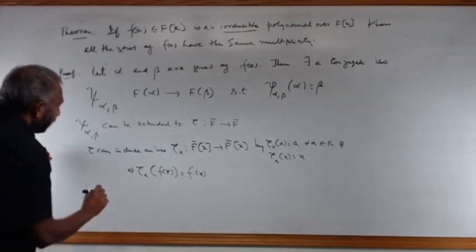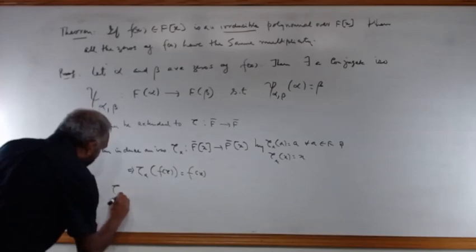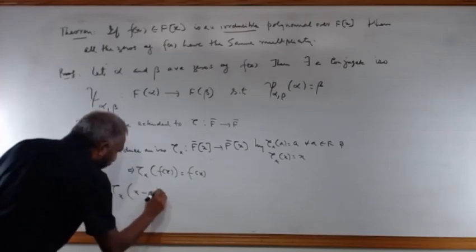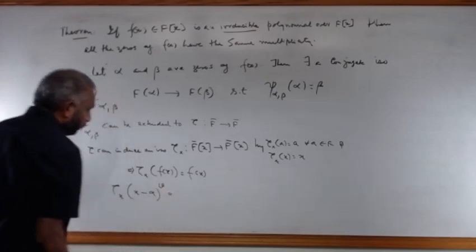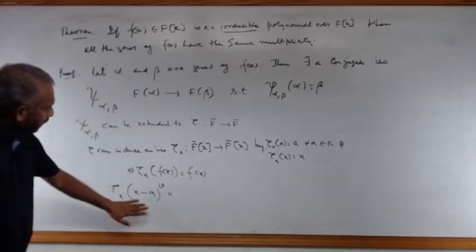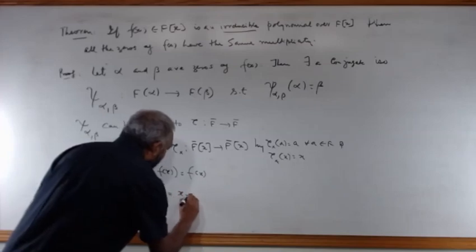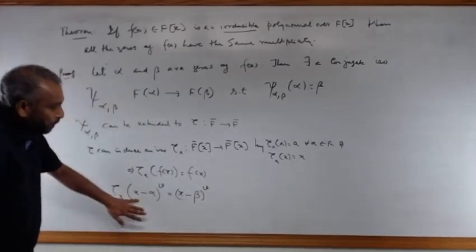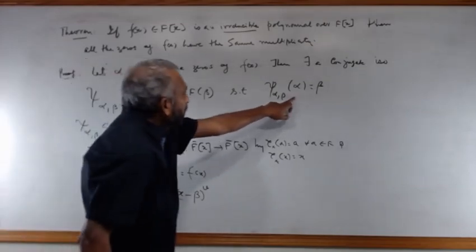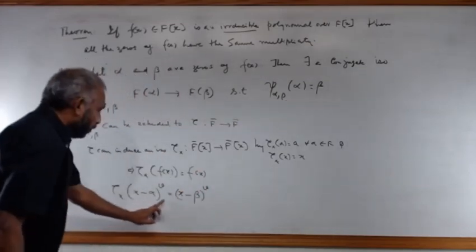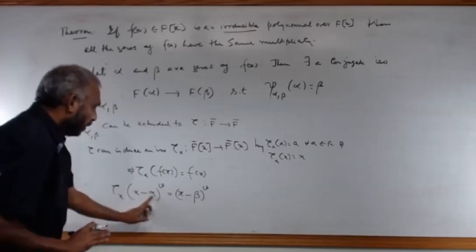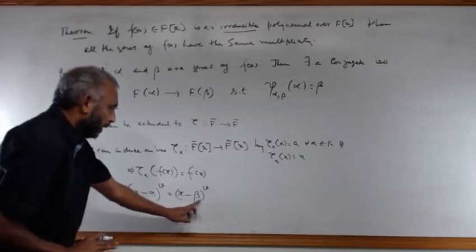Now Tx of (x minus alpha) to the power of v will be equal to (x minus beta) to the power of v. Because of this, you expand this using the binomial theorem, and wherever you have an alpha, replace alpha with beta.